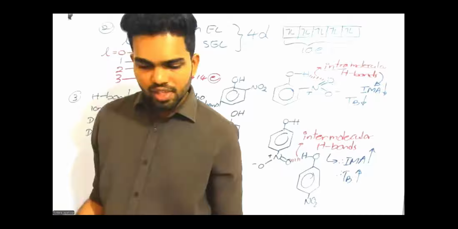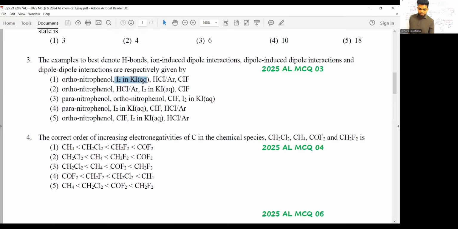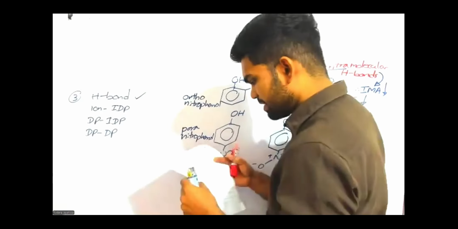Intra. And then look at the other part. You have ion-induced dipole bonds, I2 in KI, HCl and argon. So kind of they are the same, no? Let's investigate the other interaction types and we can come to a conclusion. First one you have is I2 in KI.